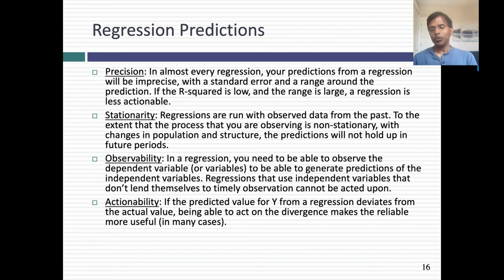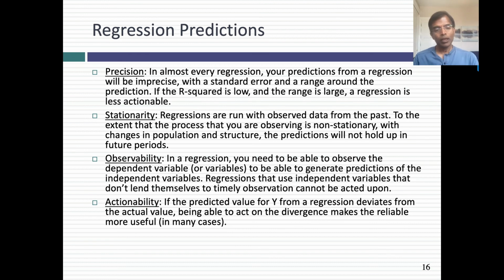I'm going to use GDP growth to predict how quickly earnings are going to grow. You know what the problem with that is? The GDP growth numbers don't come out till 3 or 4 months after the earnings growth numbers come out. So by the time you observe the GDP growth, you can't really act on it. So when you look at a regression, you've got to make sure that the independent variable is observable. Otherwise, you've run a neat looking regression, but it's purely post-mortem.